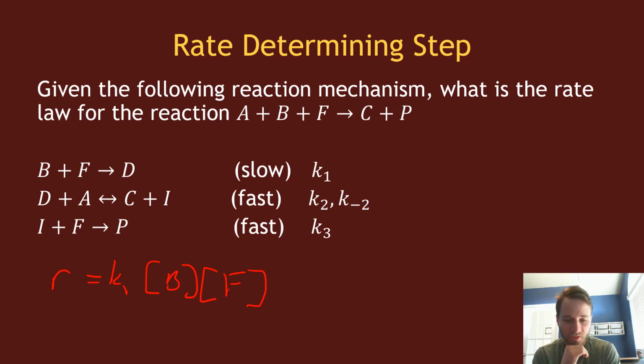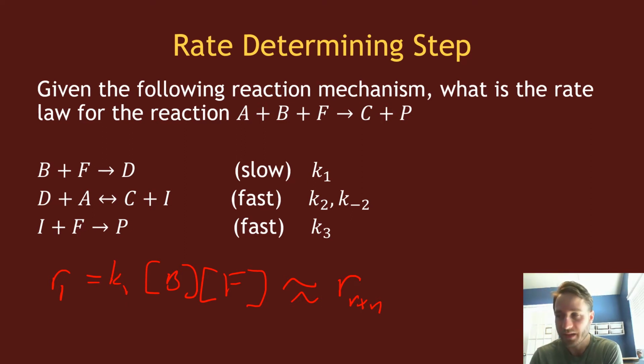Well, since that first step is the slow step, I'm going to say this is the rate law for step one. I'm going to approximate that this is just the rate for my reaction. And that's it. That is my rate determining step. That is the approximation that's being done. It's saying the rate of the reaction is just equal to the rate law of the slowest step.